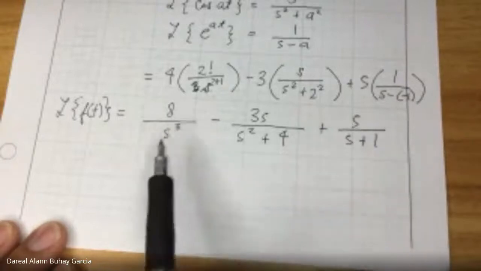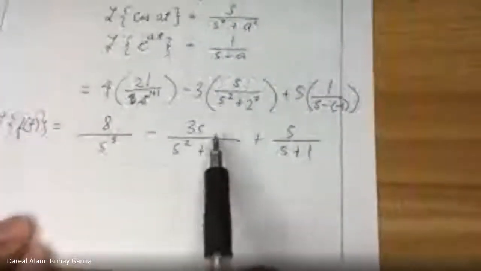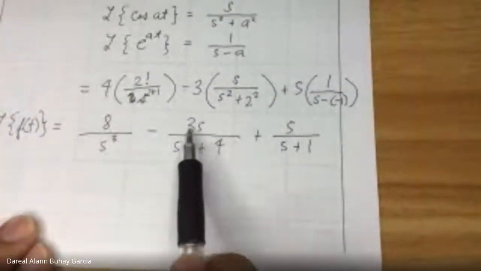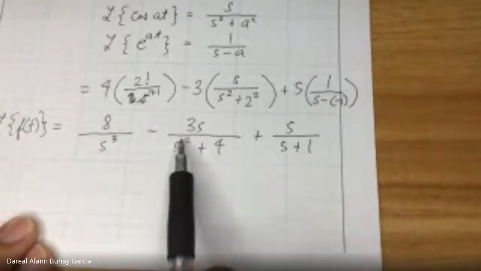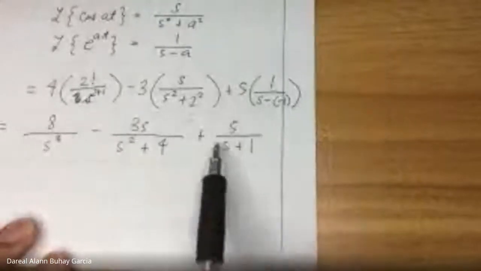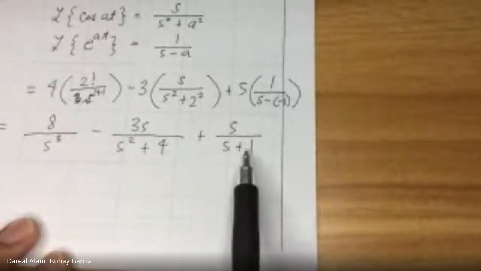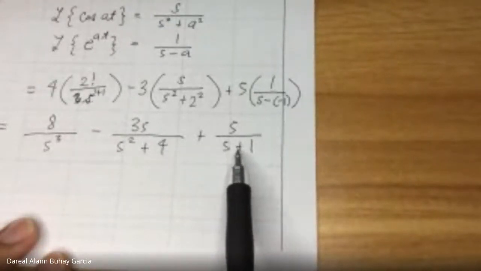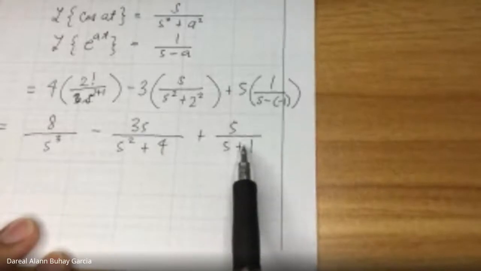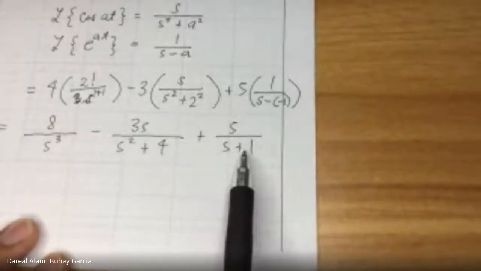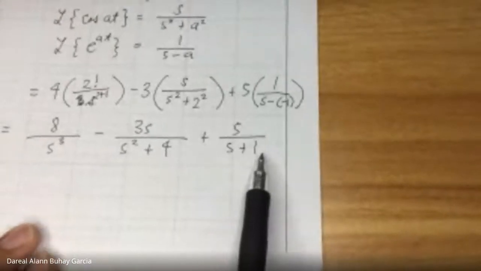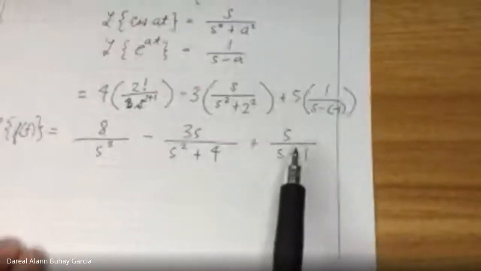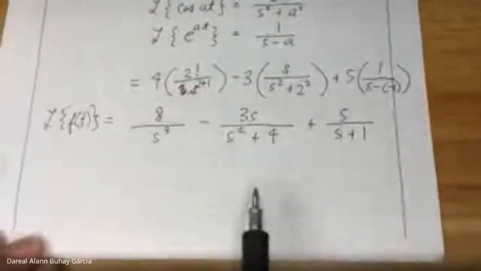For this one, the numerator s tells us its inverse Laplace is a cosine function. The same with this one, s plus something or s minus something: we know its inverse is an exponential function. More of that later, but that's just a tip for now.